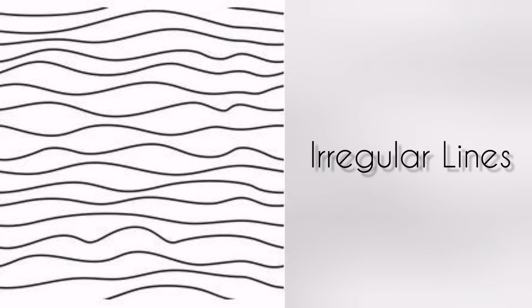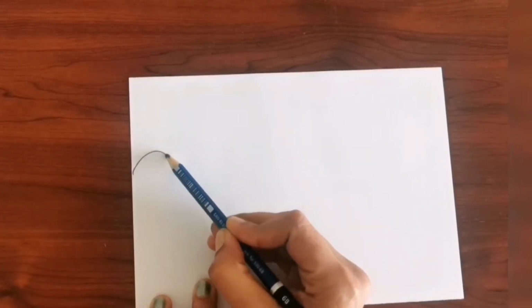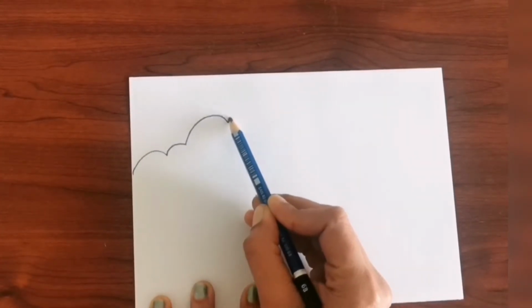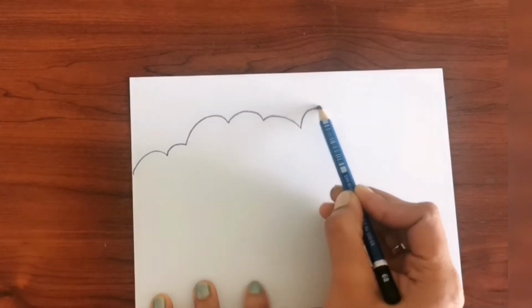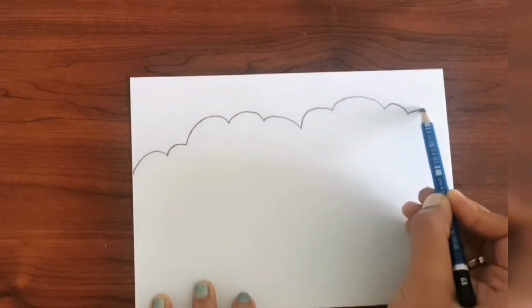Now let's start practicing. So I will start with an irregular cloud line. Now you will get to know more about it. You can see this.